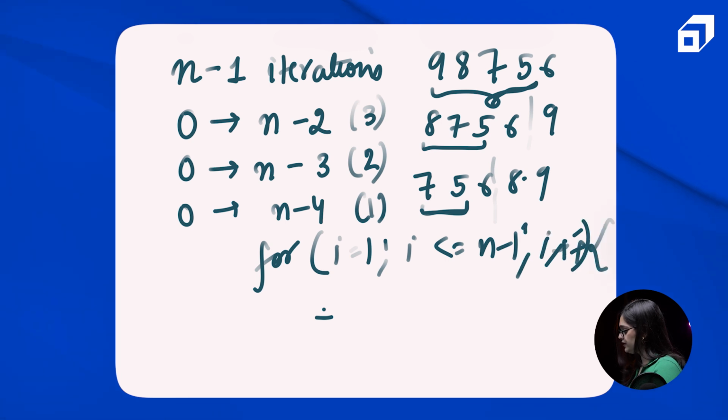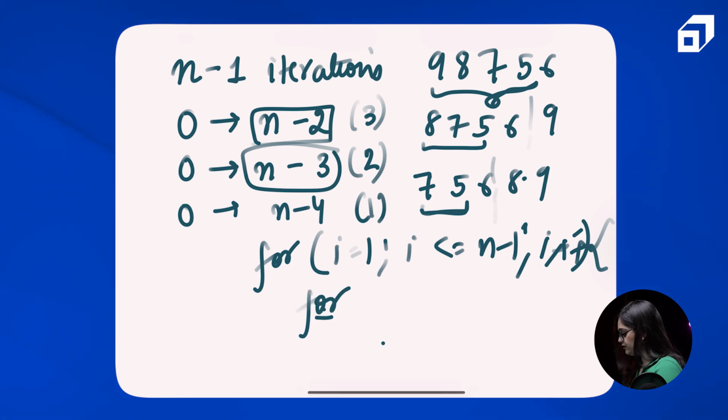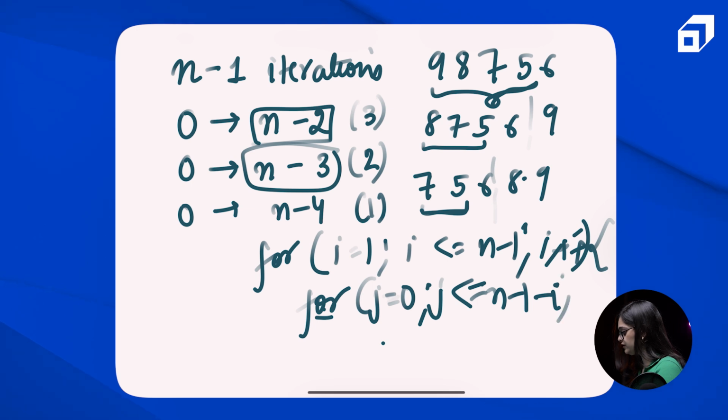Now for each iteration, for the first iteration, we noticed that we have to go till n minus 2, right? For the second, n minus 3. So for every iteration, we have to start from 0 and we have to go till n minus 1 minus i. So for the first one, we have to go till n minus 2.